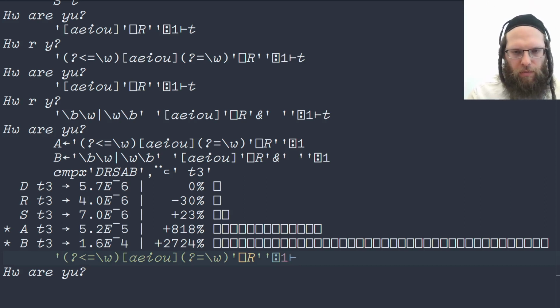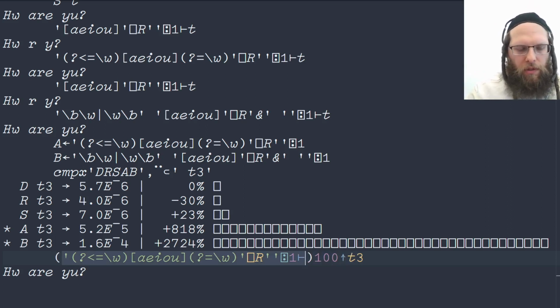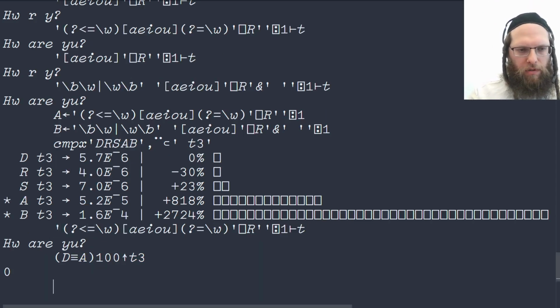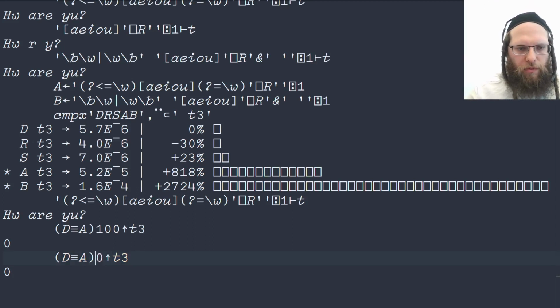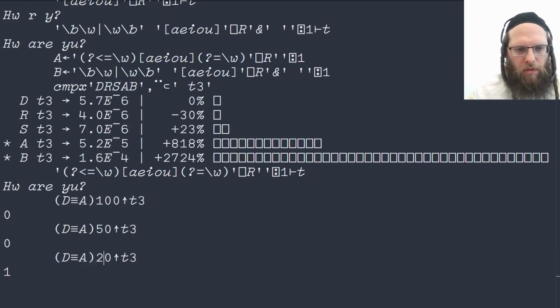We can start with some of our string. If you take 100 from T3, then we can even do it like this. We can say, is D matching A for 100 of T3? No. For 50 of T3? No. How about for 20? Yes. 25?